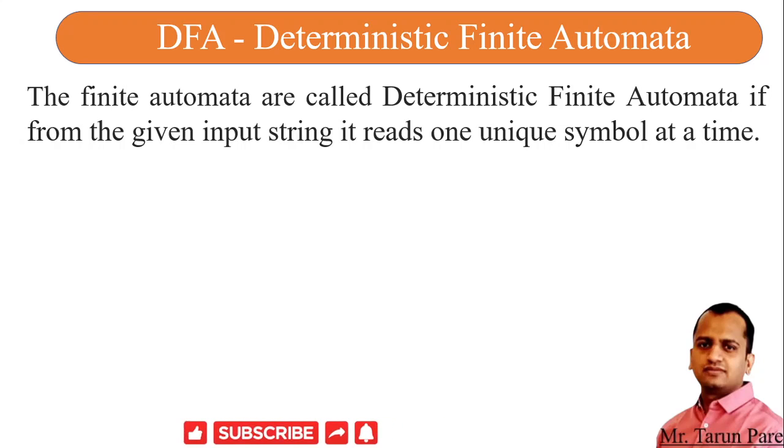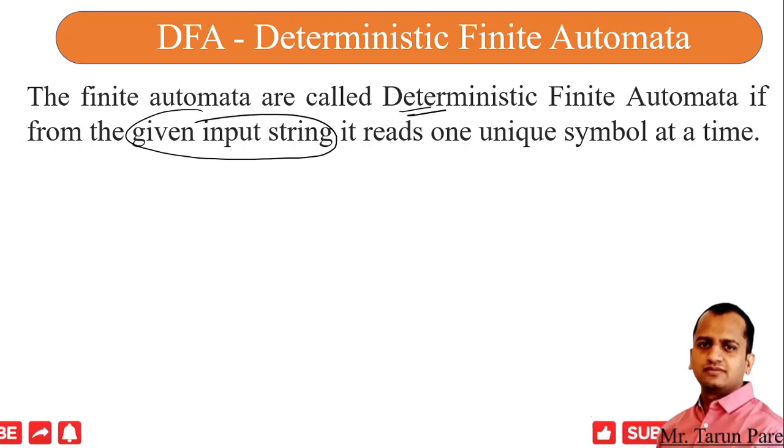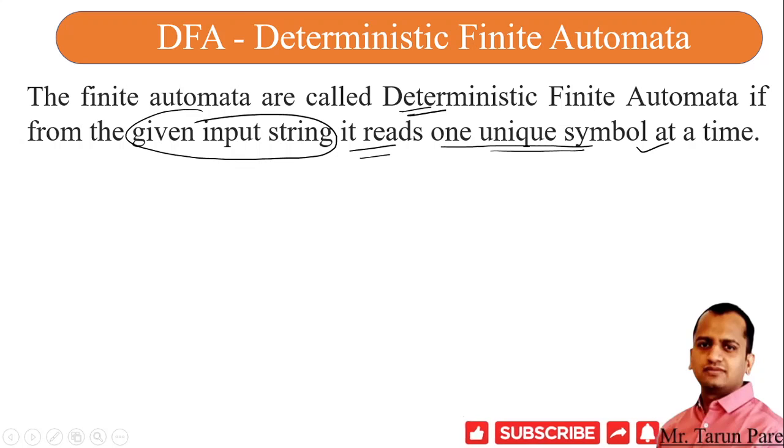In this session, I will discuss the concept based on DFA, that is deterministic finite automata. The finite automata are called deterministic finite automata if from the given input string it reads one unique symbol at a time. Listen, read this statement carefully.